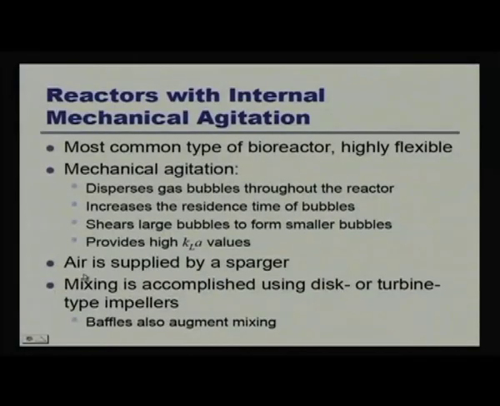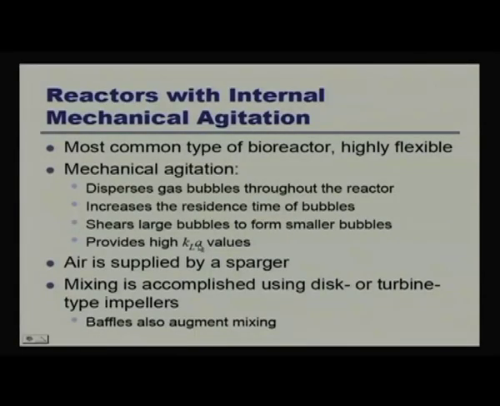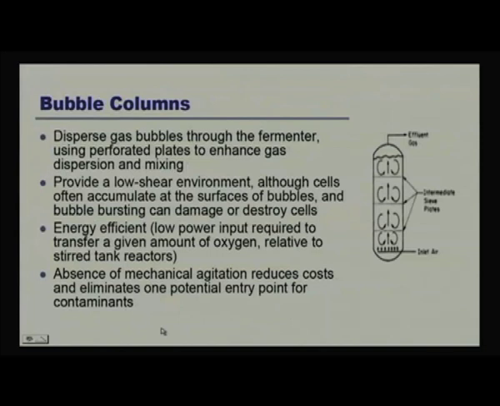At a constant airflow, the mass transfer level is increased. Air is supplied by the sparger in such a reactor system. Mixing is accomplished using a disc or turbine type impeller, and baffles also augment the mixing. The other reactor system, as I have also discussed earlier, is the bubble column reactor.